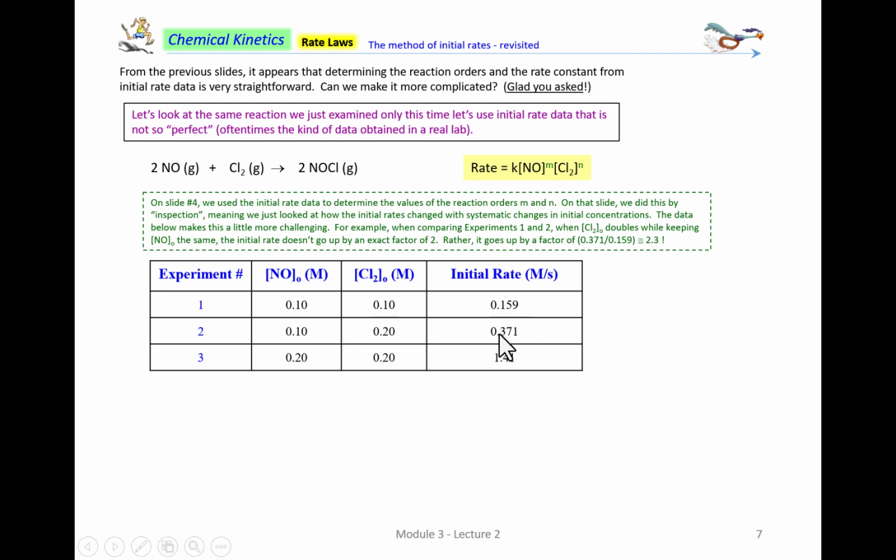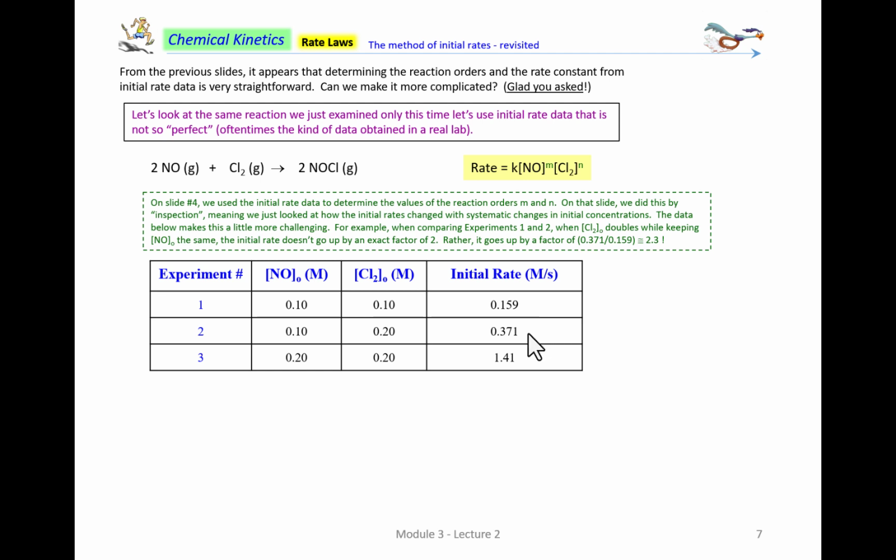Well, previously we said, oh, this is easy. When the chlorine concentration doubled, the reaction rate doubled. Well, here it doesn't double exactly. If you take 0.371 and divide by 0.159, the rate goes up by a factor of 2.3, not 2.